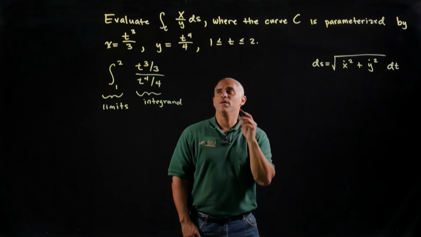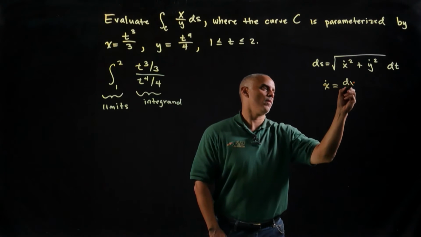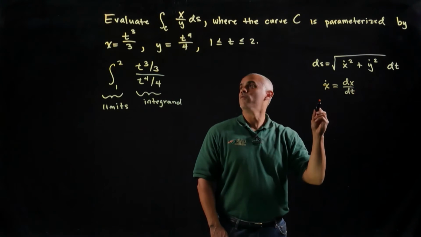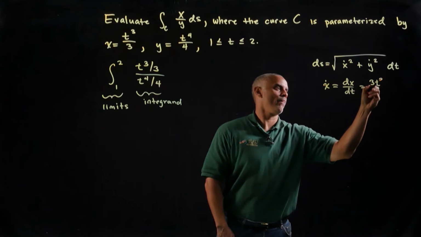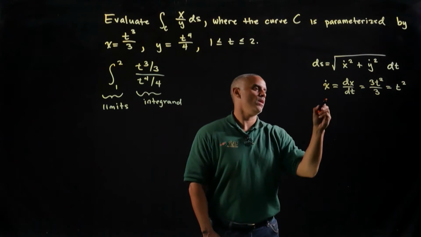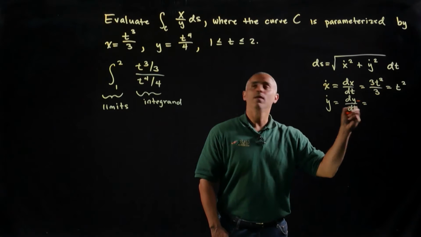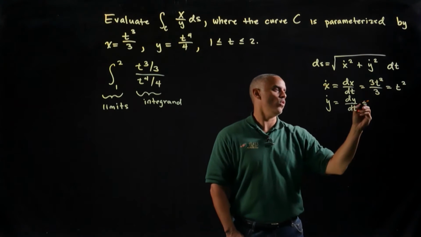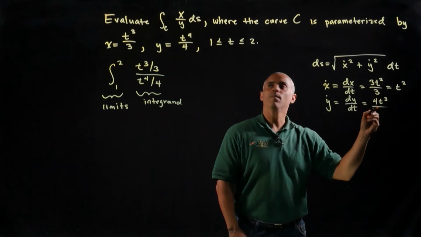So if we know that x is t cubed over 3, then x dot, or dx dt, for t cubed over 3 is going to be 3t squared over 3, which is just t squared. Our y dot, which is dy by dt, so we have a t to the 4th over 4, which is going to give us 4t cubed over 4.